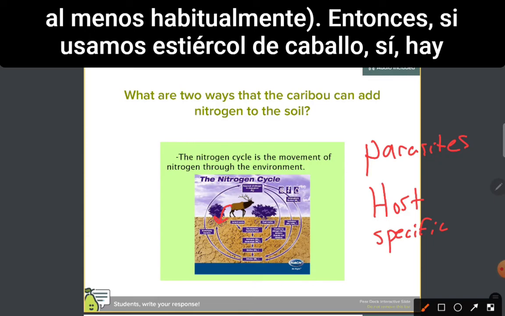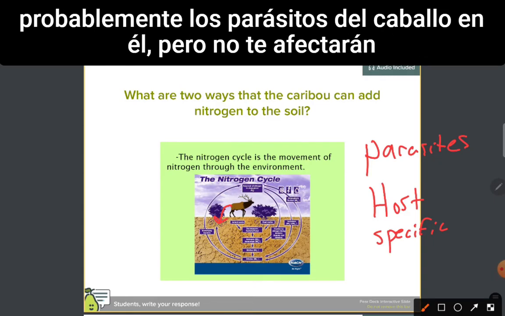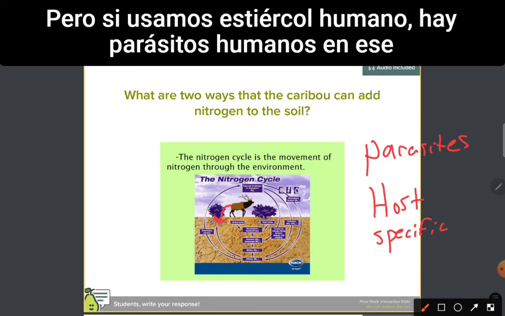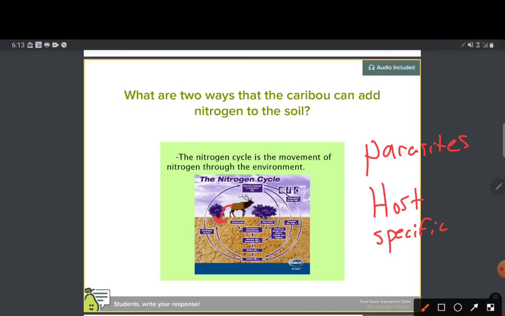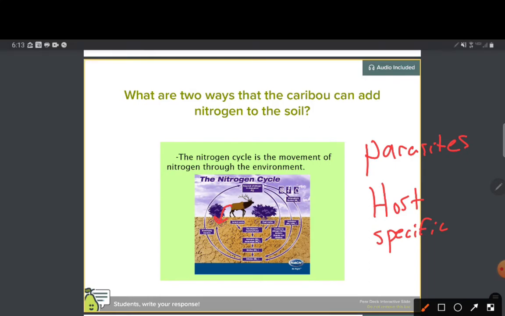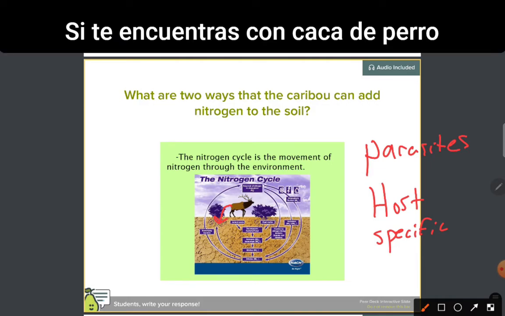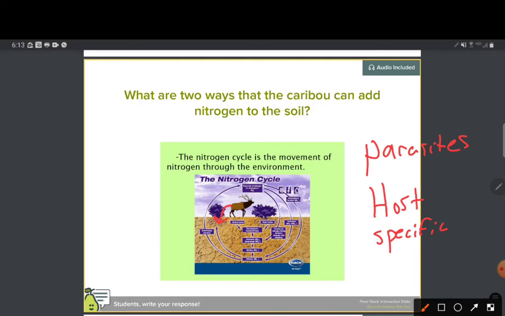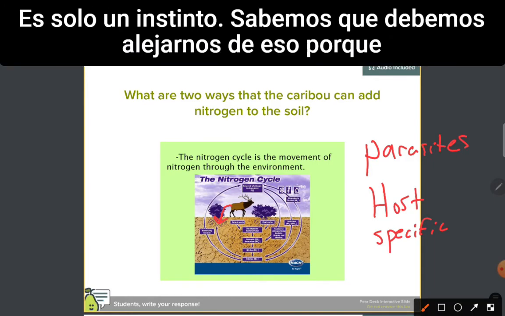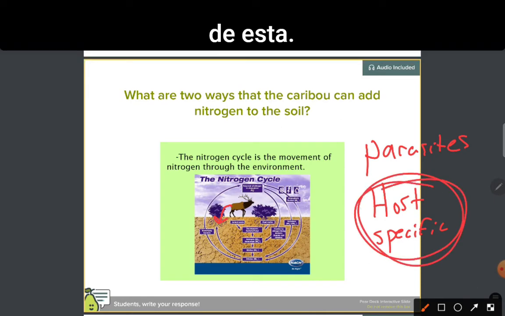And so if we use horse manure, yes, there's probably horse parasites in it, but they won't affect you. And so it's safe. But if we used human manure, there are human parasites in that, and it will infect you. So that's why we tend to instinctively avoid human poop. If you run across dog poop, you are probably less likely to be grossed out by it than human poop. It's just an instinct. We know to stay away from it because of this.